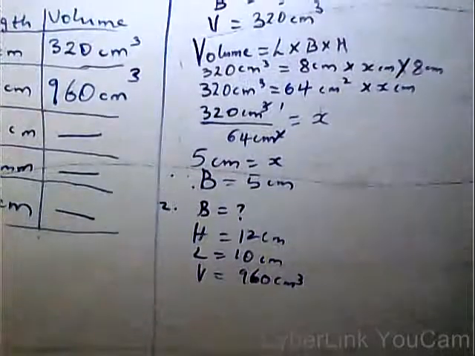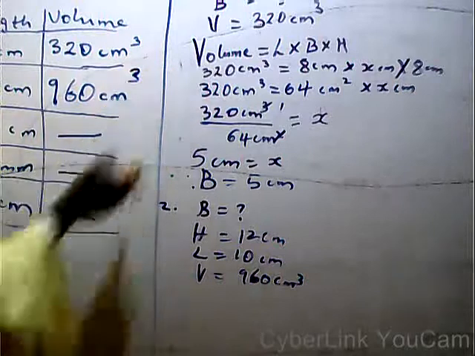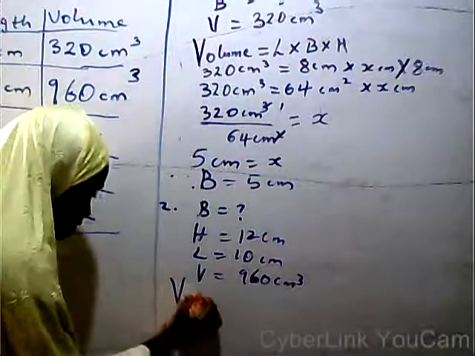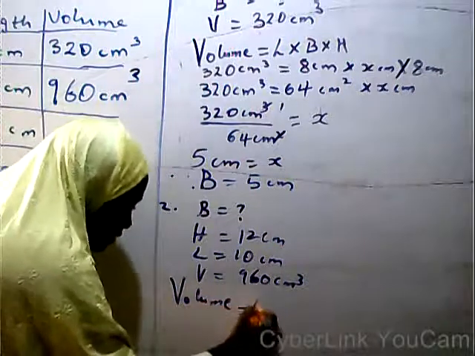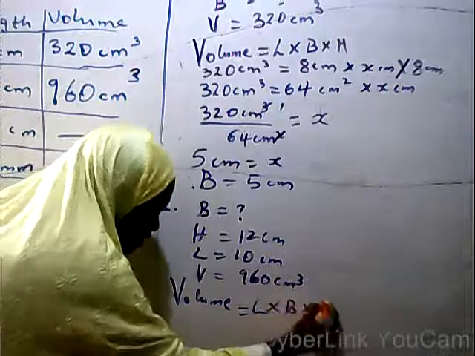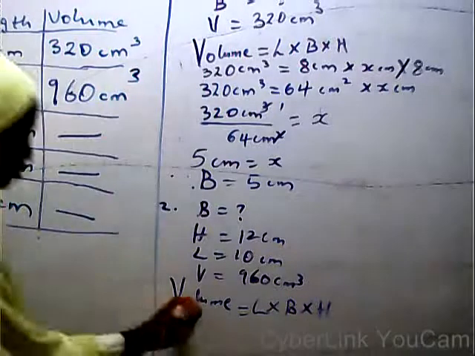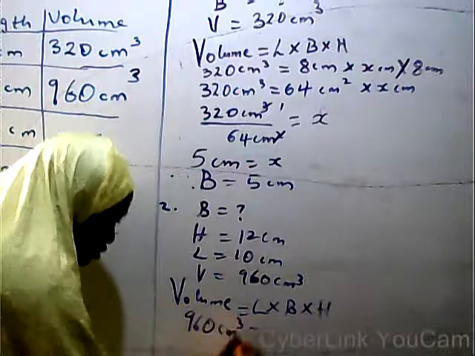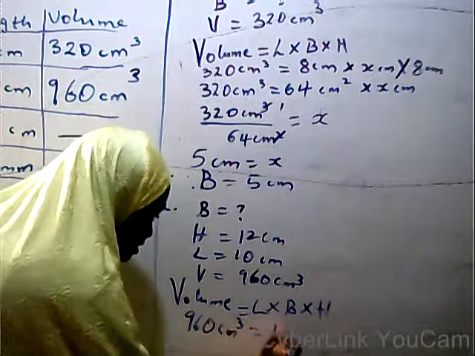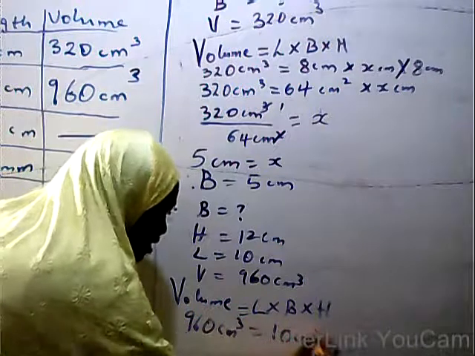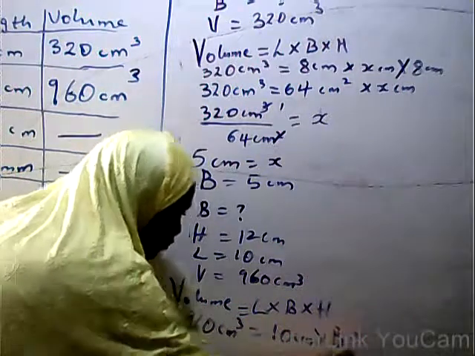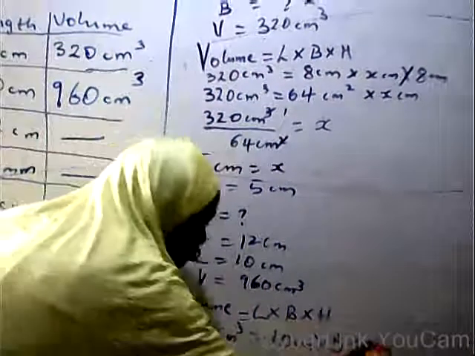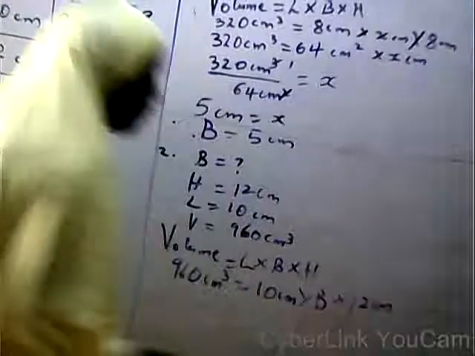Now, just like the way we did here, the same procedure, the same method, the same formula. Our volume, which is 960 centimeter cube. Our length, which is 10 centimeter. Our base that we are looking for, and our height, which is 12 centimeter.